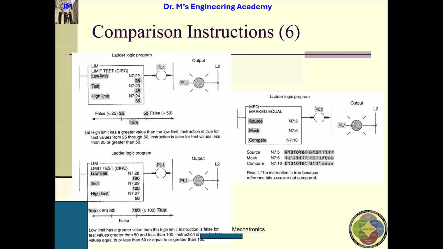It will basically ignore these, even if these were zeros in the compare, and these are 1s, which means they're not equal, because this is masked, we don't care that these parts are not equal. We're just checking the parts with 1s in the mask to see if they're equal. Good. Thank you.